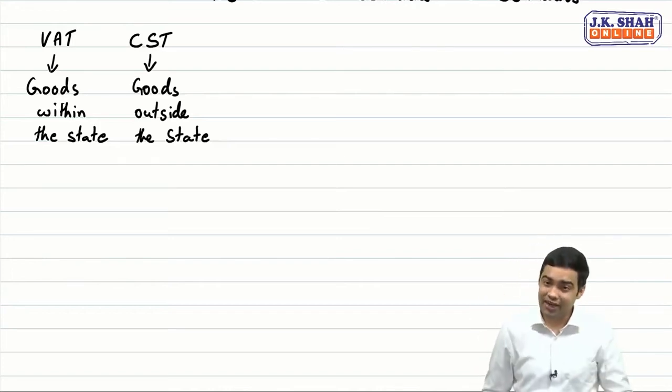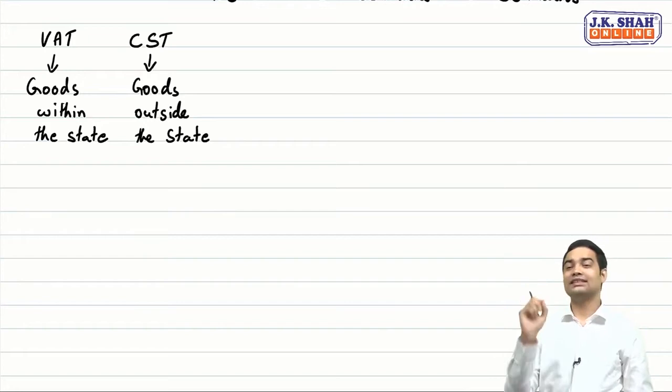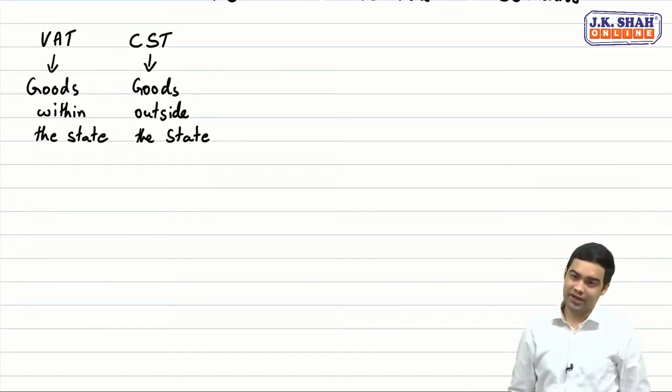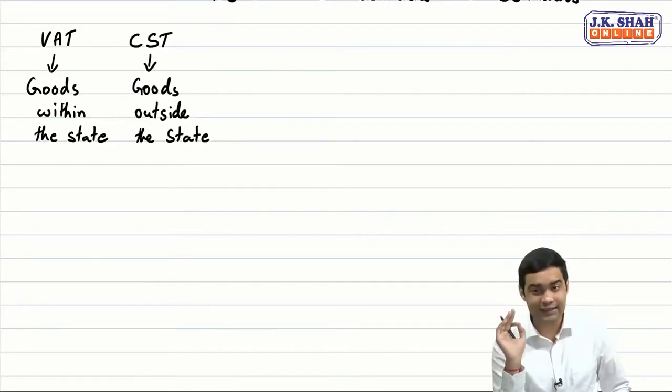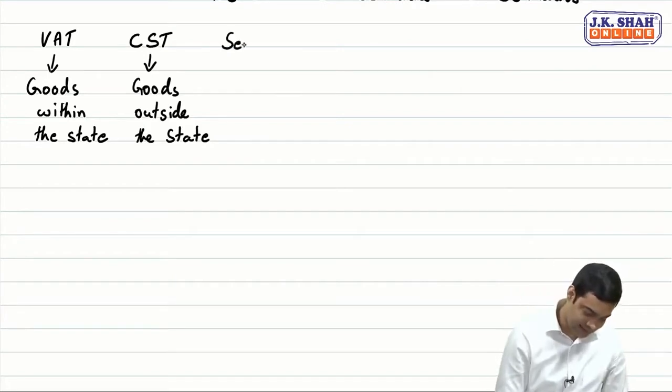When he arrived at Bangalore, he received an airline ticket bill from his travel agent for Bangalore to Mumbai and Mumbai to Bangalore. Now, in that invoice of the travel agent, he found a tax known as service tax.